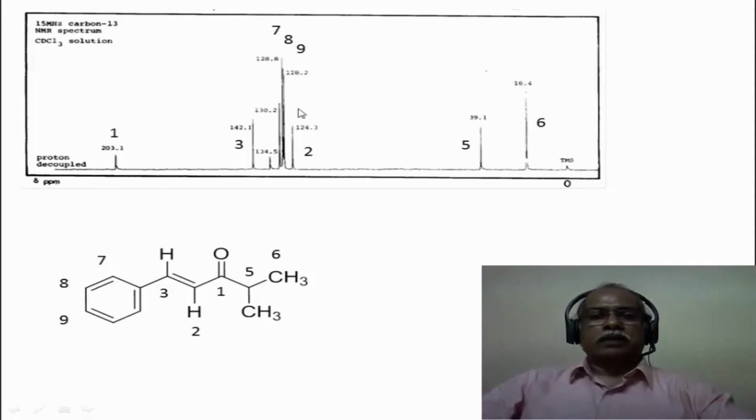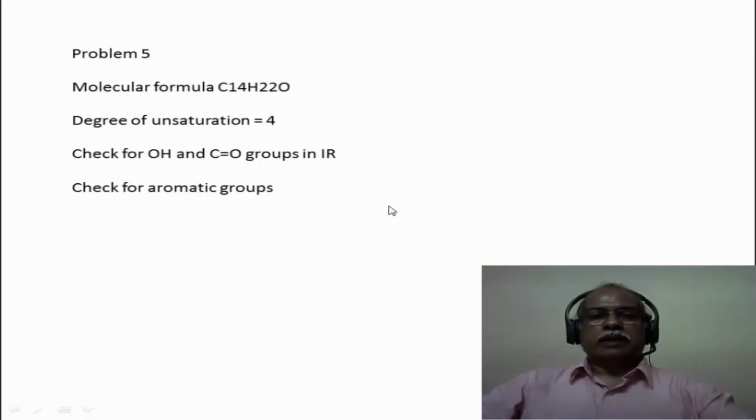There are 3 signals present here, 1, 2 and 3, which correspond to the CH carbons of the aromatic unit. And finally, the lonely carbon, the ipso carbon, is clearly seen as a singlet with less intensity. The CH carbons have much higher intensity compared to the ipso carbon in this particular case. So that is the isopropyl styrene case.